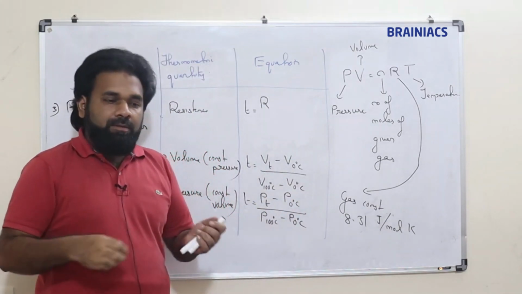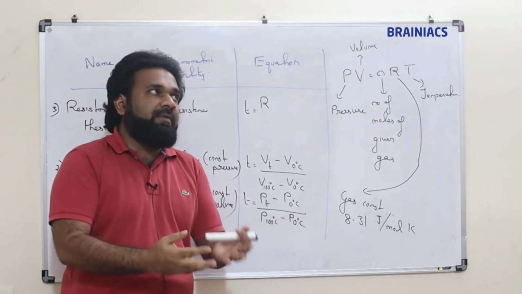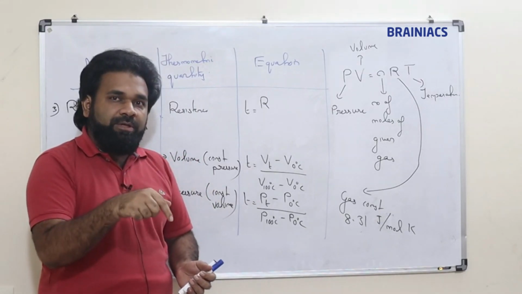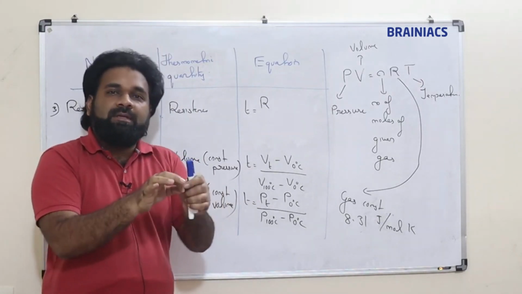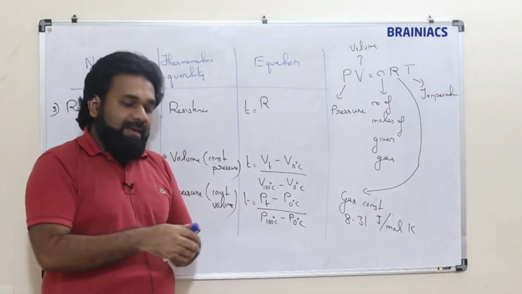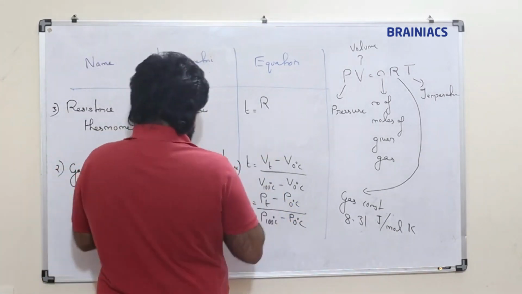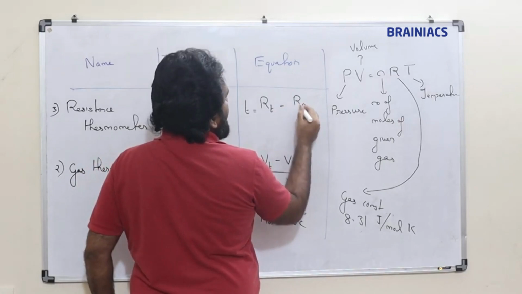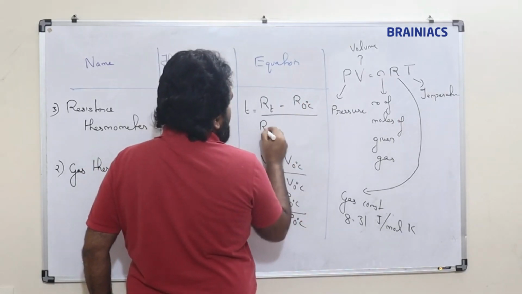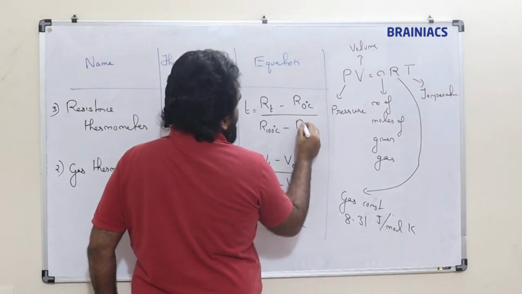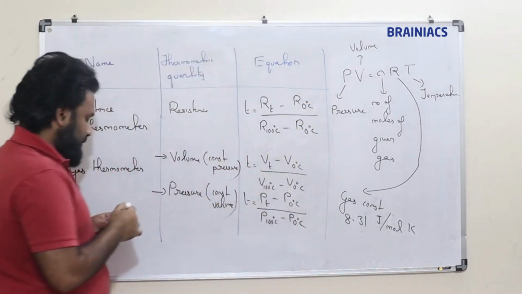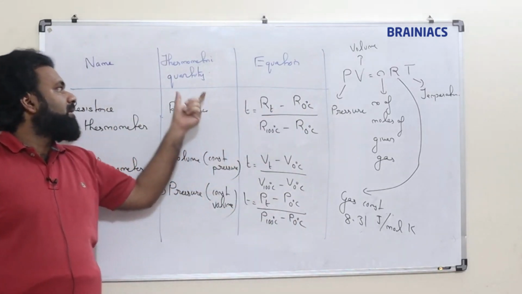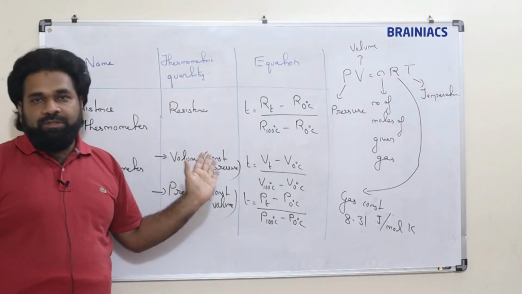Heat is given, temperature is increased, so when temperature is increased, we need to measure that temperature. That time the resistance of that wire will change. So that resistance minus the resistance at 0 degree Celsius divided by the resistance at 100 degree Celsius minus the resistance at 0 degree Celsius, that's it. Same formula, but only the thermometric quantity will change. Note it down.